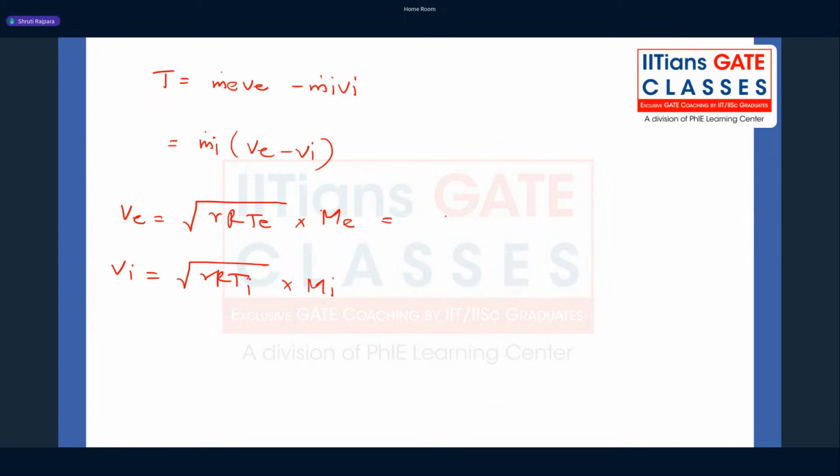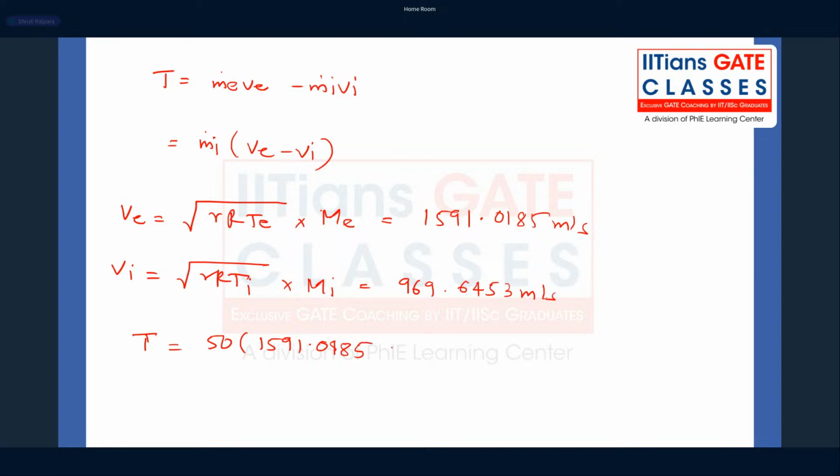So this will give you as, hence if you multiply the mass flow rate and try to replace all the variables, you will get thrust as 31 kilonewton.